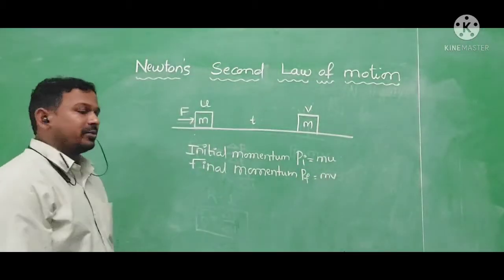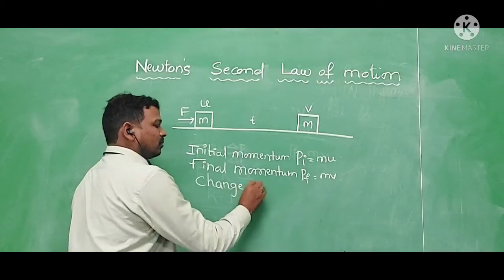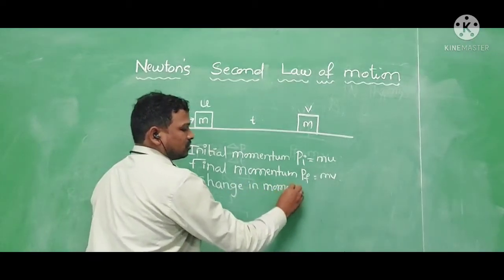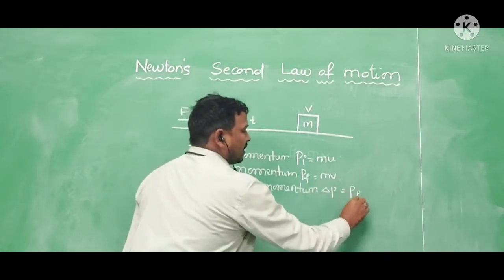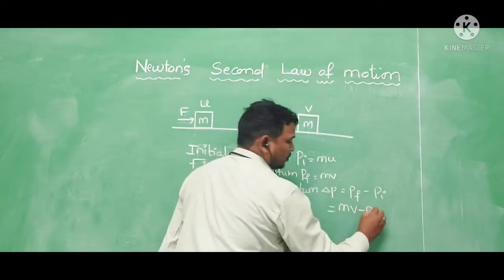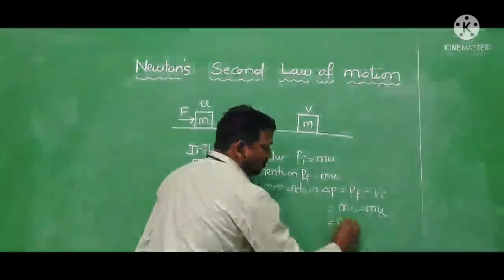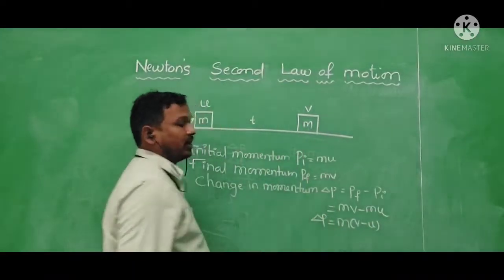What is the change in momentum here? The change in momentum is the final momentum minus the initial momentum, which is equal to mv minus mu, which is equal to m into (v minus u).